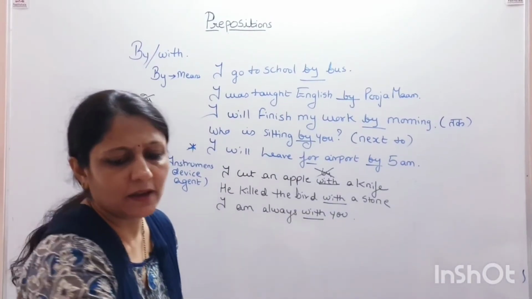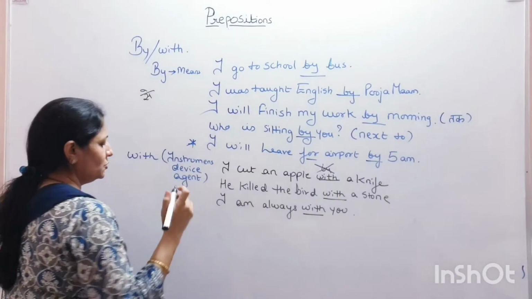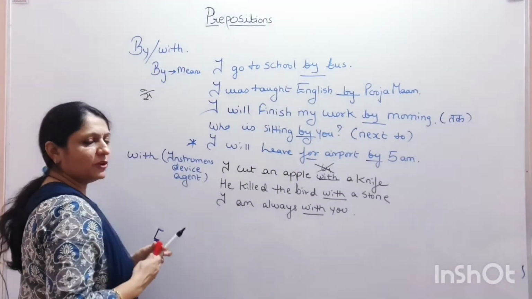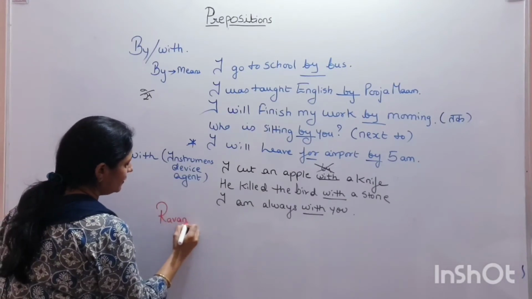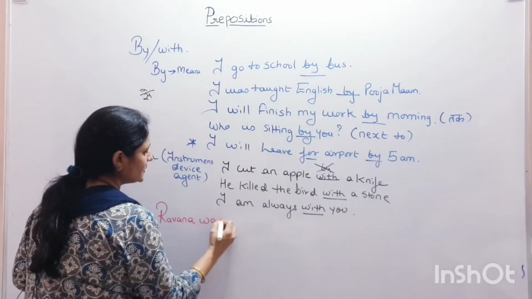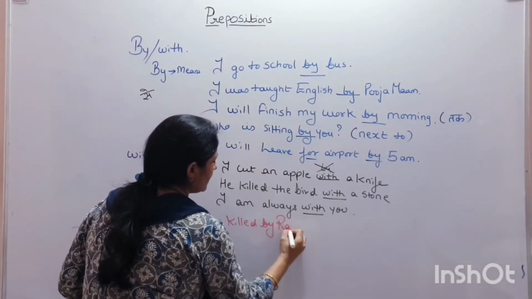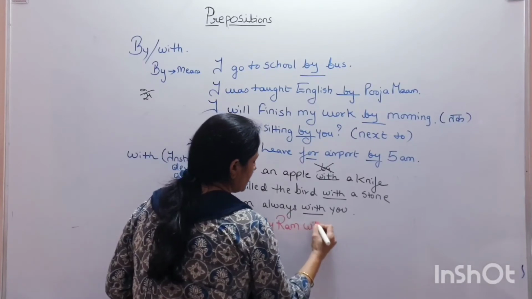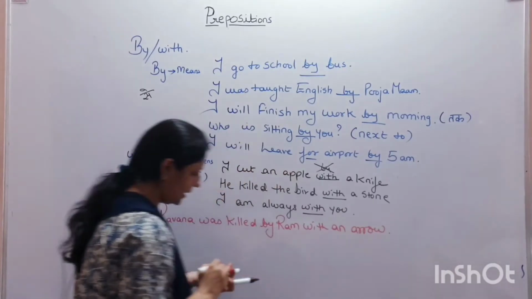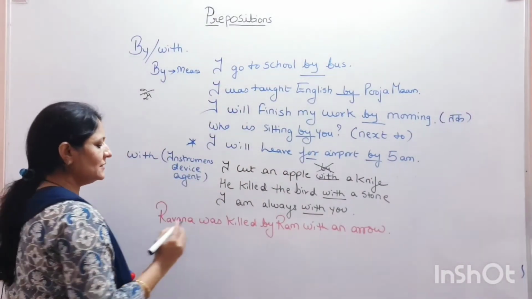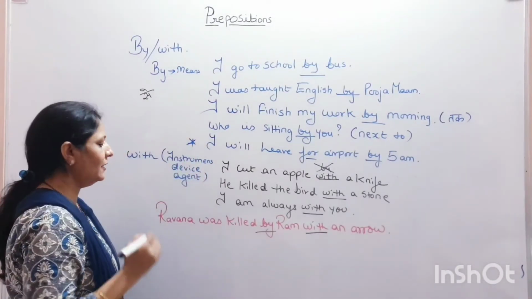Now, there's a very easy example which will explain the meanings of these two. If I make a sentence which will easily create the difference: Ravana was killed by Ram with an arrow. Here I have made a single sentence where I have used both the prepositions by and with.